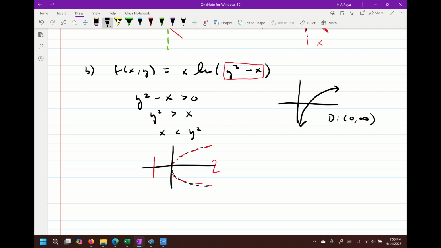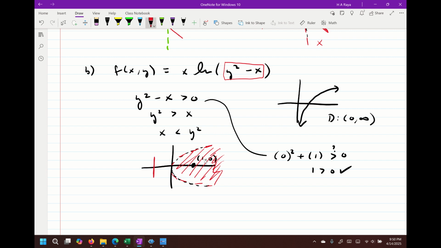You have a whole bunch of different combinations to use. How about we use this point right here with coordinates of 1, 0. When I plug in zeros for my y's and ones for my x's, do I get something that's greater than 0? On the left hand side I have 1 greater than 0, and in fact that's an inequality that works. So I will be using all of the points to the right hand side of this parabola as my domain.